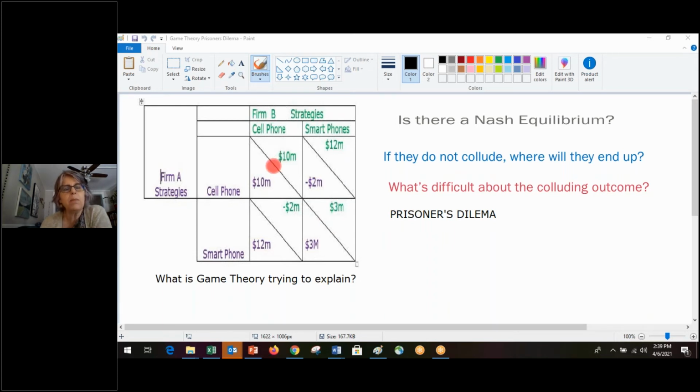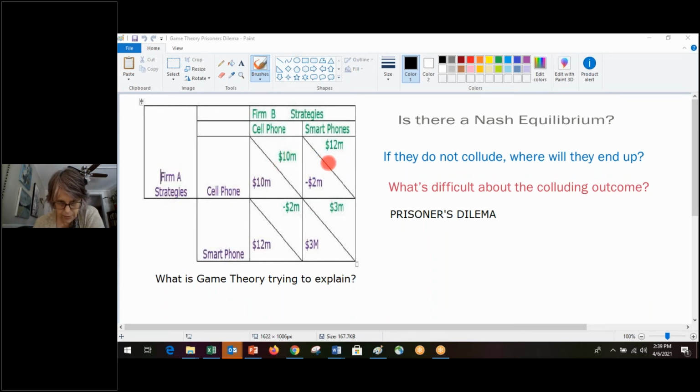Now, this would be a better outcome for them: both make cell phones, and they both would make $10 million. But if you are at this spot right here, does either firm have an incentive to cheat? So you get together and you say, hey, let's make cell phones, we shake on it, we're going to do this. And then firm B says, I'm going to keep telling them I'm going to sell cell phones, but I'm going to start making smartphones on the side.